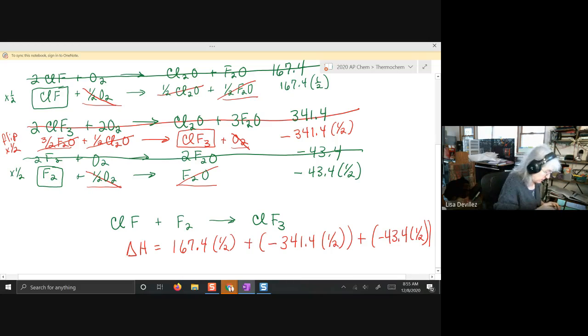So that gets me 83.7 plus a negative 170.7 plus a negative 43.4. Okay, so I'm getting a negative 108.9 for my delta H for that one. Okay.